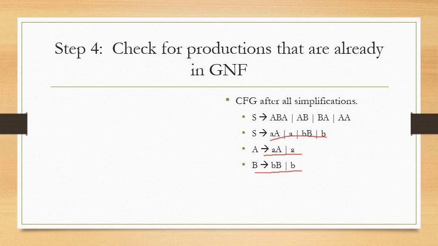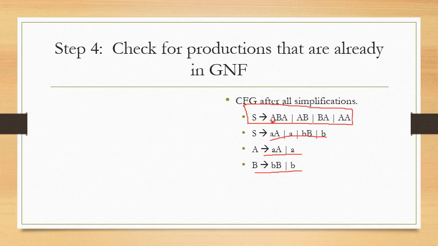Here it is a single terminal, here also a single terminal, and for B also a single terminal. What about all these S productions? These are not in GNF, because the first thing you should have in the RHS of a production is a single terminal.